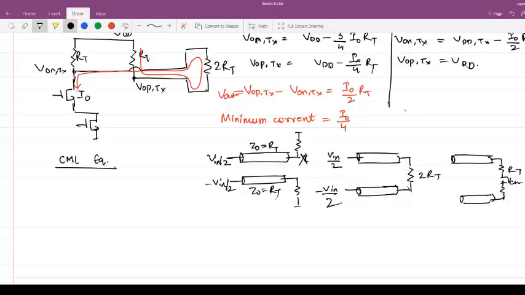So both the channels are terminated with the resistance RT for differential signals. But if I apply a common mode signal, will that be terminated? Yes, that will be a different termination. So when I take 2 RT for the output, that 2 RT is considering the termination which you are seeing here.